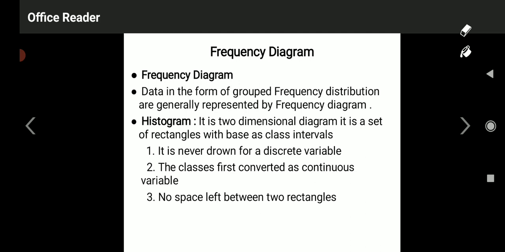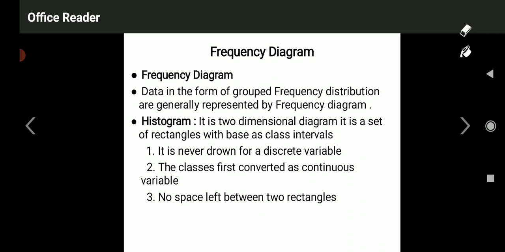But histogram is not related to the selected values of a particular activity. It takes all continuous values, and the class is first converted to a continuous variable. If the data is collected in discrete variable form, for histogram calculation you have to first convert all the discrete variable data into continuous variable.